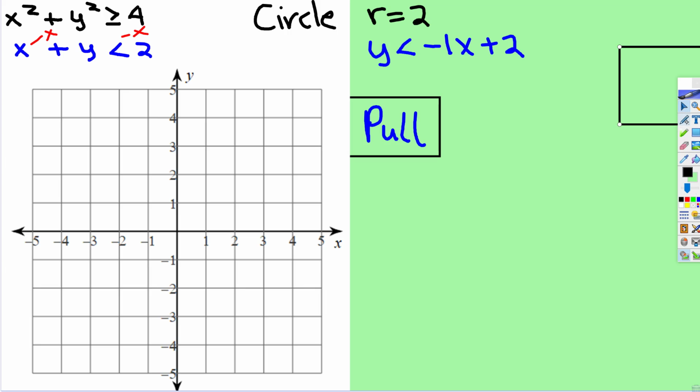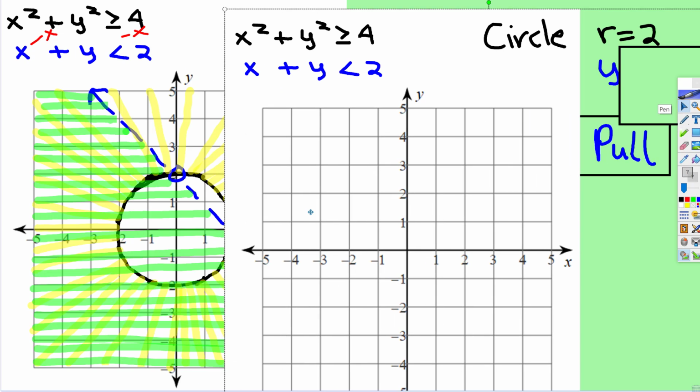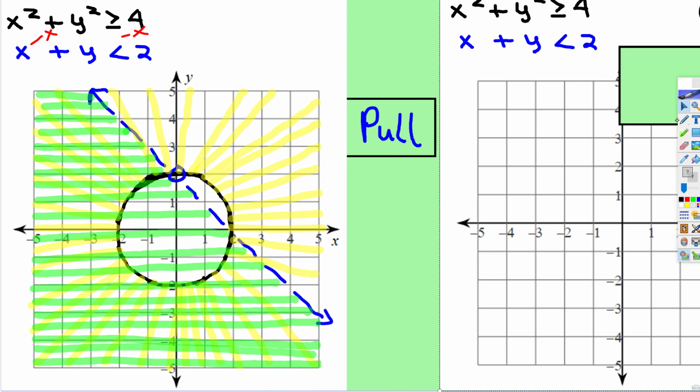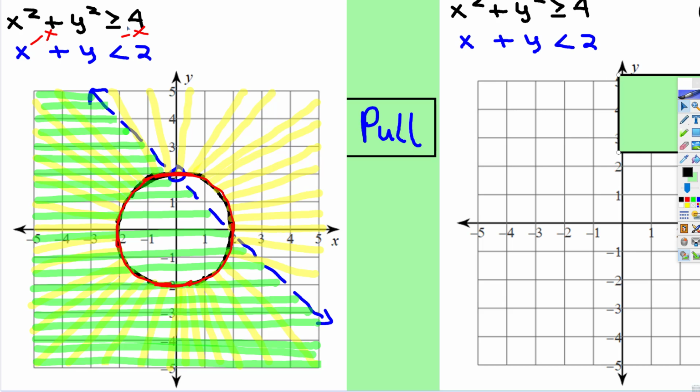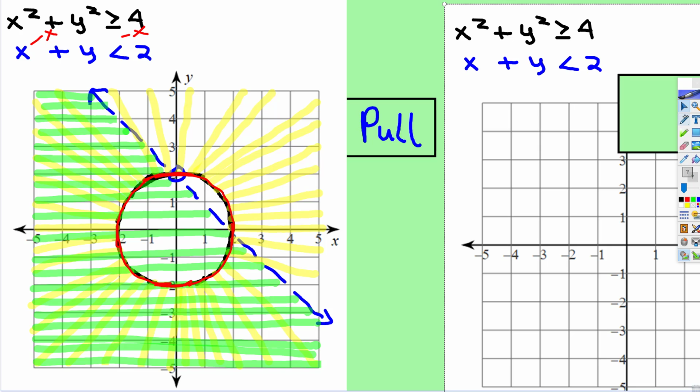And remember, if it's a circle with a radius of 2, everywhere at 2, you draw this curved line and then follow that curved line around, and it's a solid line because of the solid inequality line.